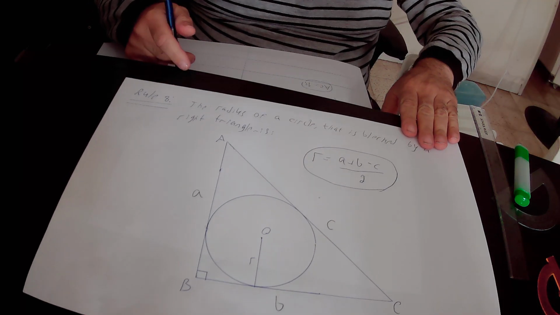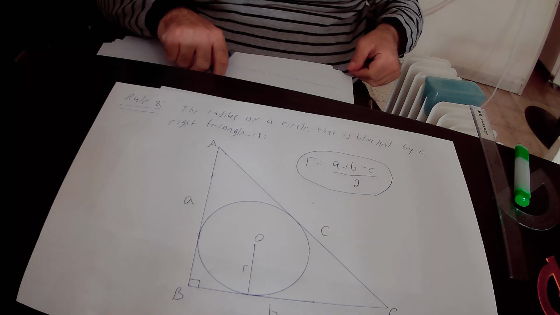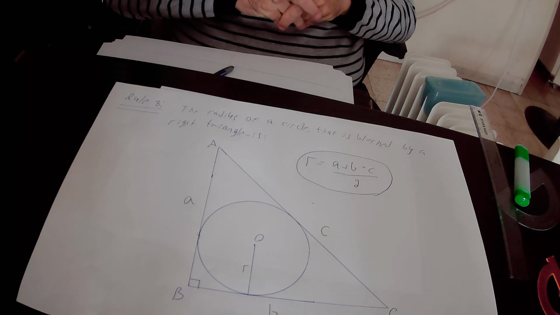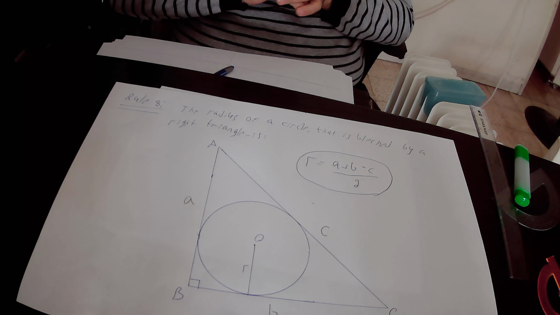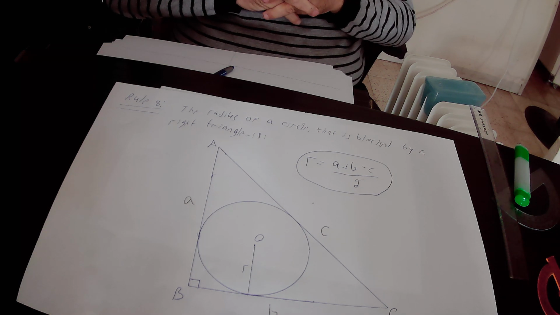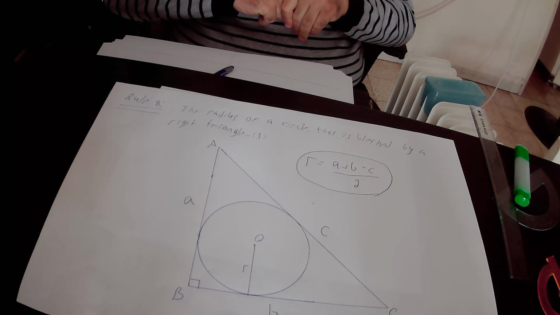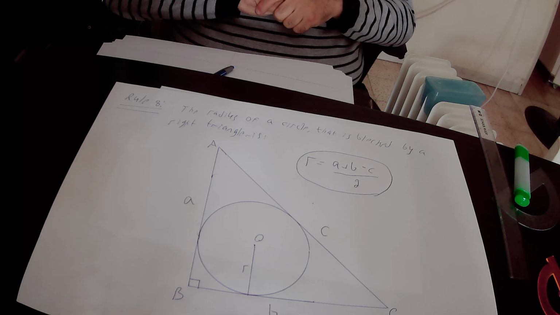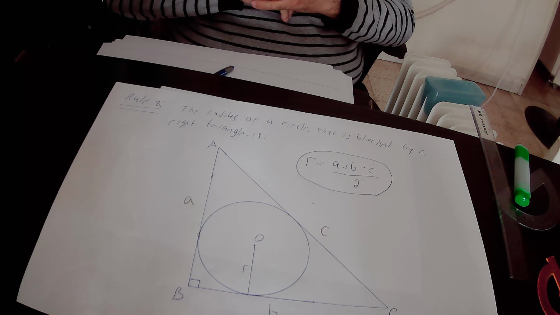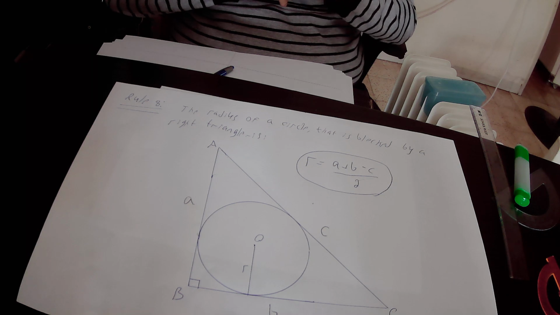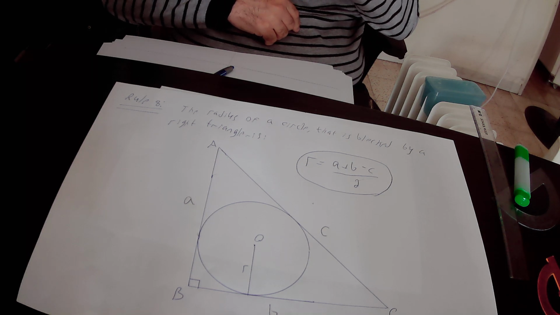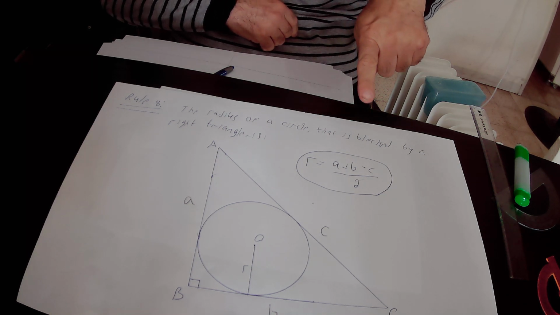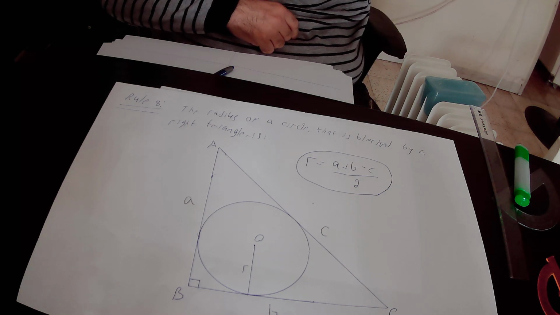According to rule number 8, the radius of a circle that is blocked by a right triangle, radius R equals A plus B minus C over 2.